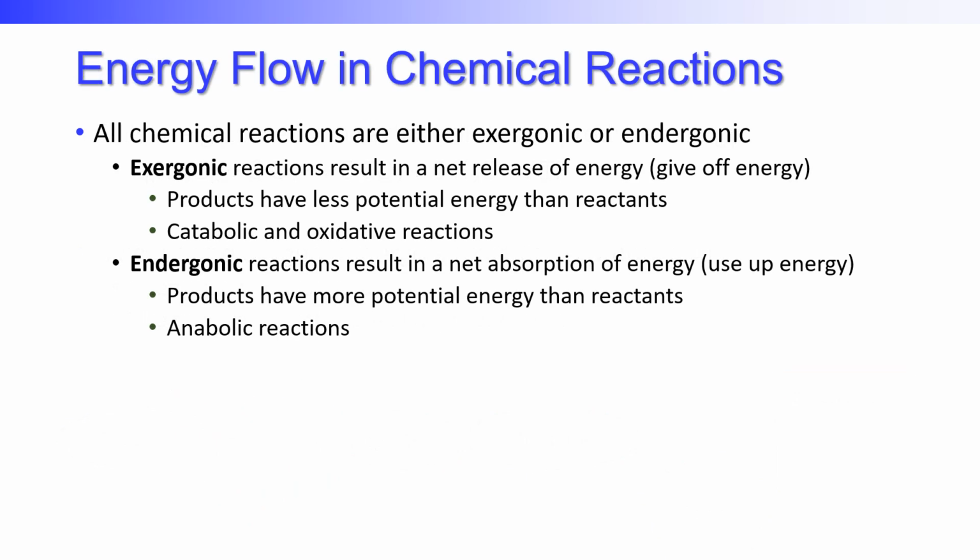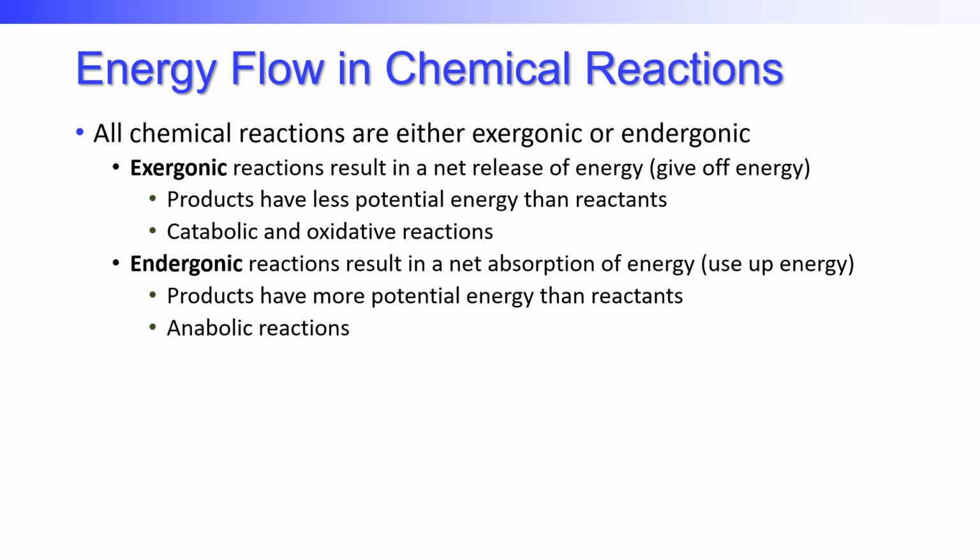Now, as we've already stated, chemical reactions are inherently inefficient. You don't recover 100% of what you put into a reaction in the products. So whatever you have as total energy in your reactants, you're always going to lose a little bit in the creation of the products.